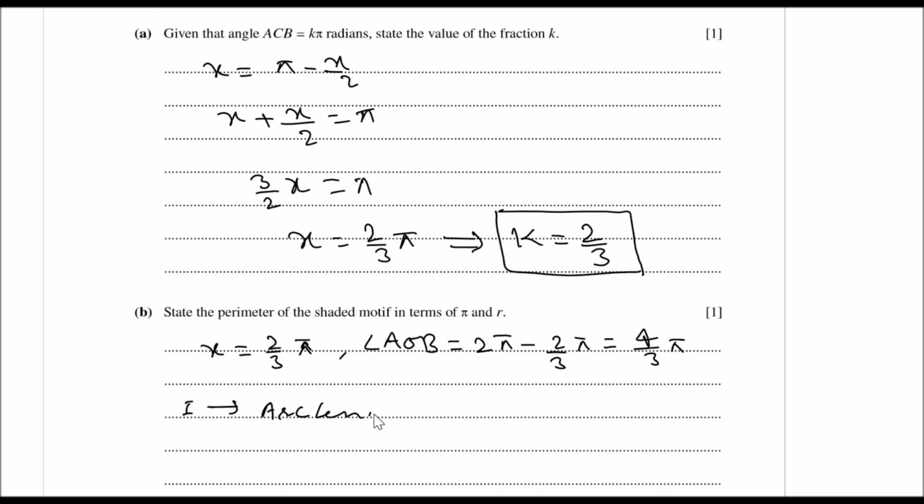Arc length is equal to r theta. So r into 4 by 3 pi. This is what we calculated as the angle. So 4 by 3 pi r. Okay. So this is done.